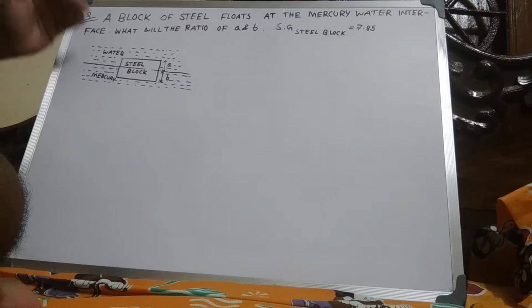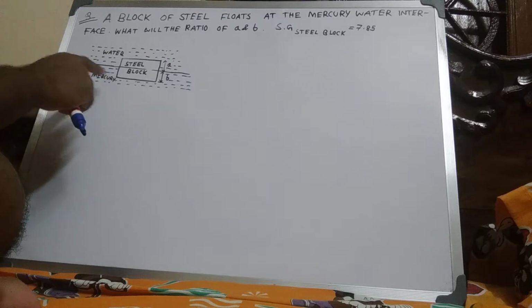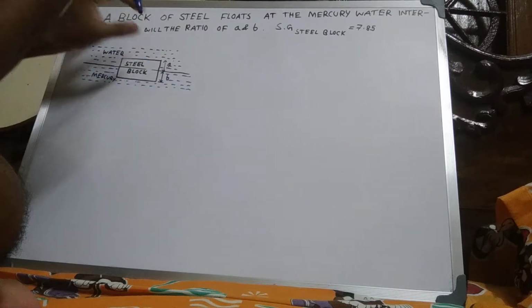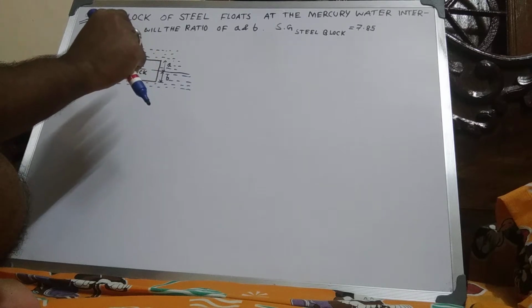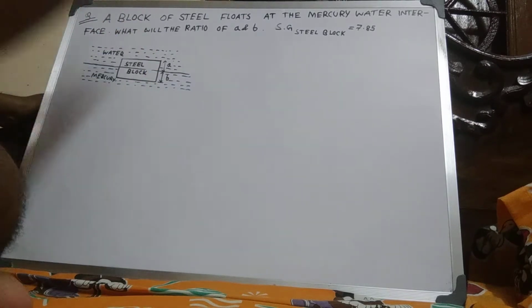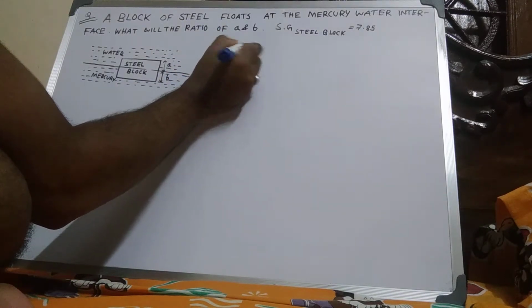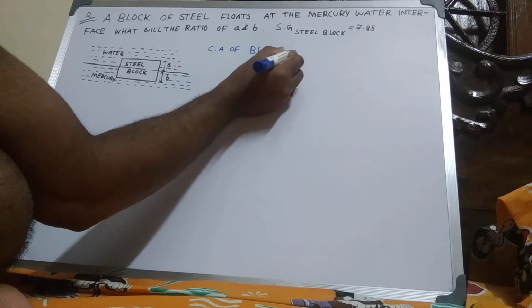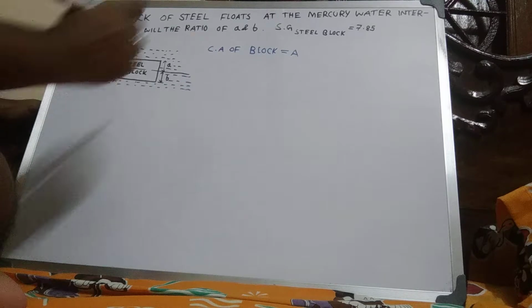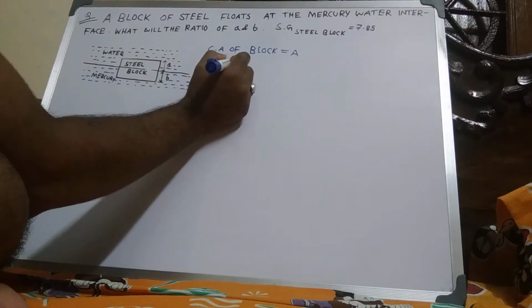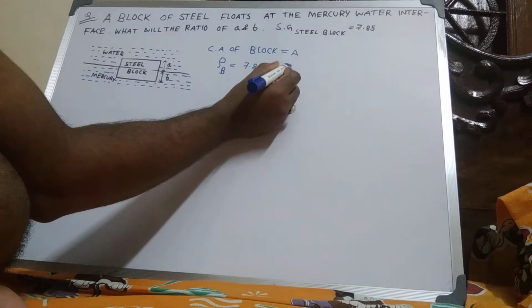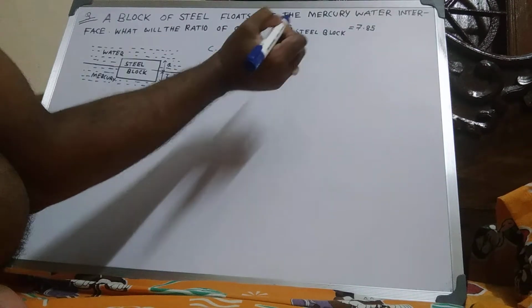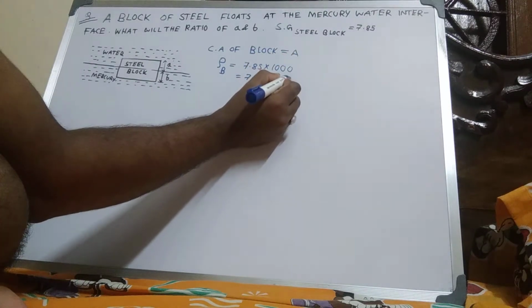The upper portion is filled with water and the lower portion is filled with mercury. The steel depth in water is A, and in mercury is B. The cross section of the block is A, and the specific gravity, the density of the block, is 7.85 into 1000, so 7850 kg per meter cube.